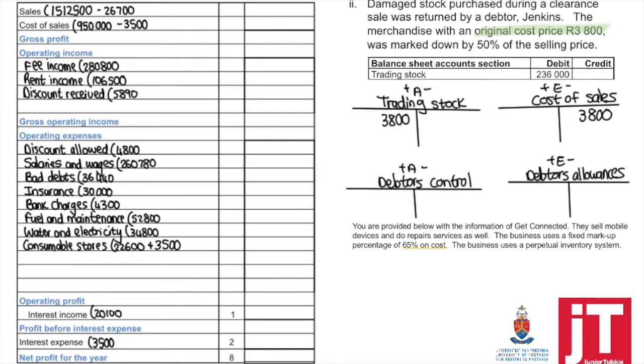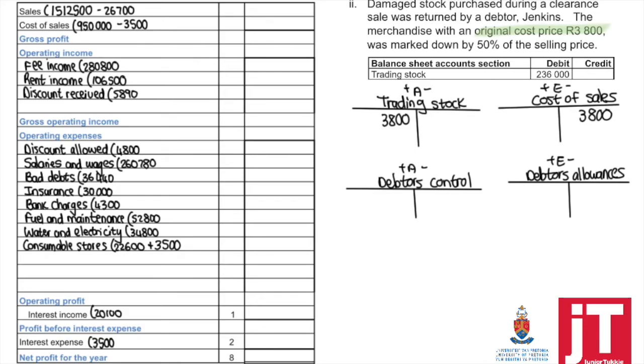To find out the selling price, we first need to work it out using the cost, taking 3,800 times 165 divided by 100. That was the selling price.